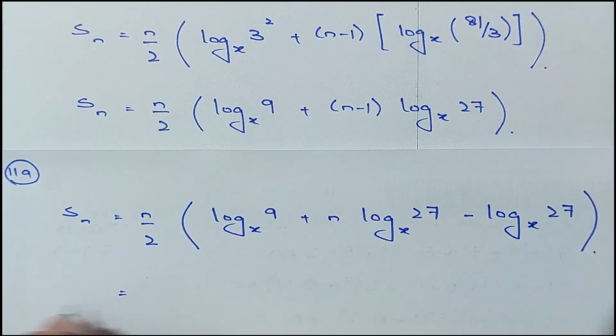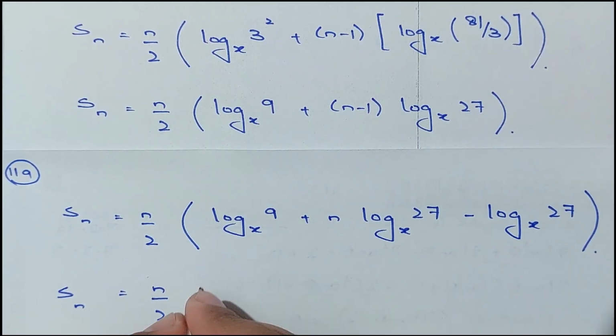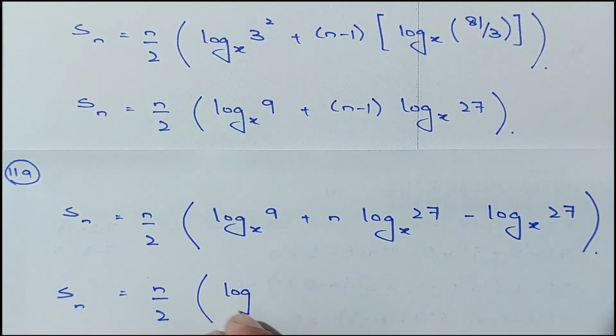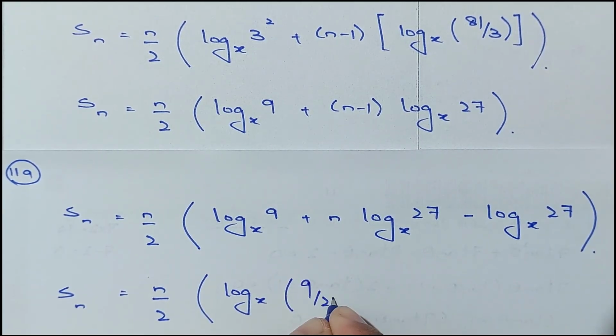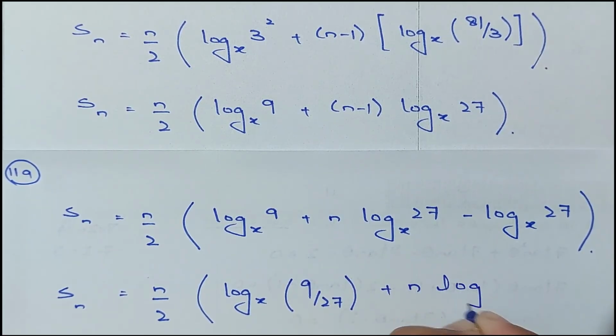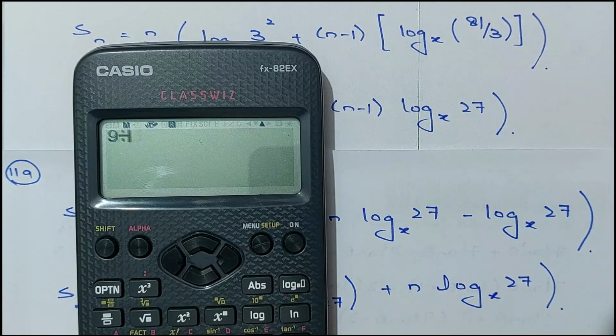All right, so n by 2 is outside, so let me solve these two logs. So we can say log x of 9 and 27, so 9 by 27, plus n log x of 27. What is 9 by 27?